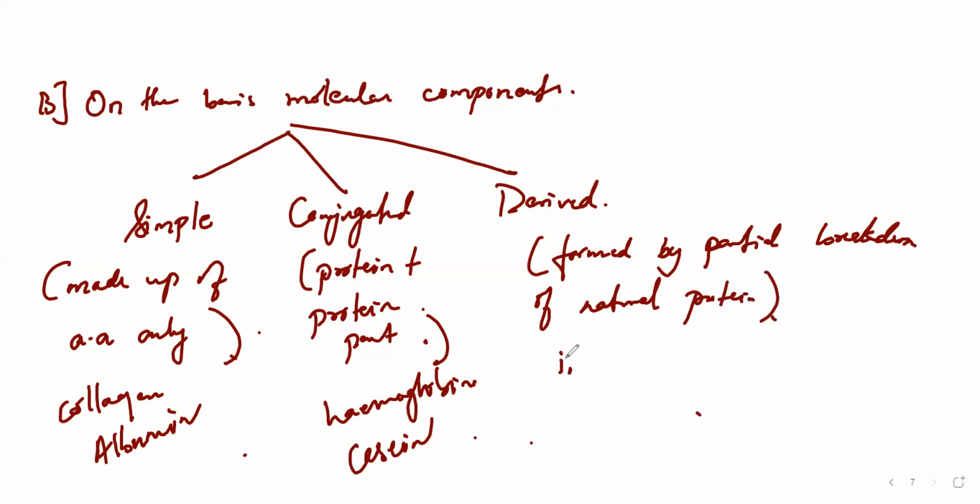Here the examples will be insulin, fibrin, peptones. Peptones are also forms of proteins only. Small proteins are called peptones. Okay, so these are the two types of classification, on the basis of composition and what molecule components they contain.